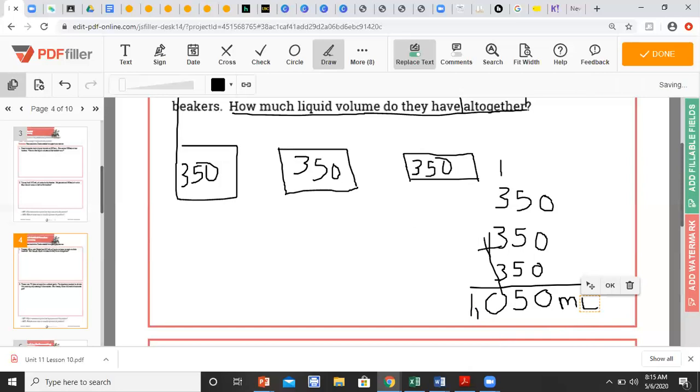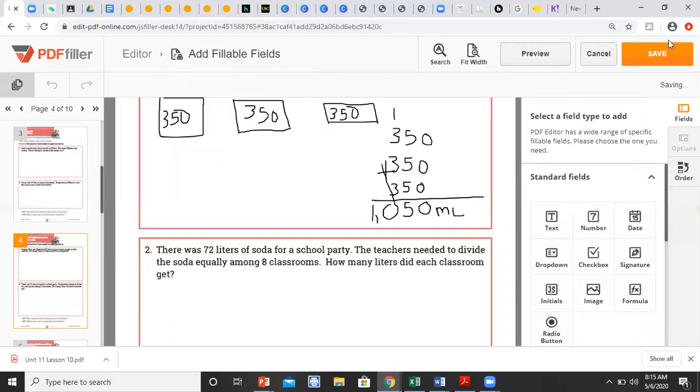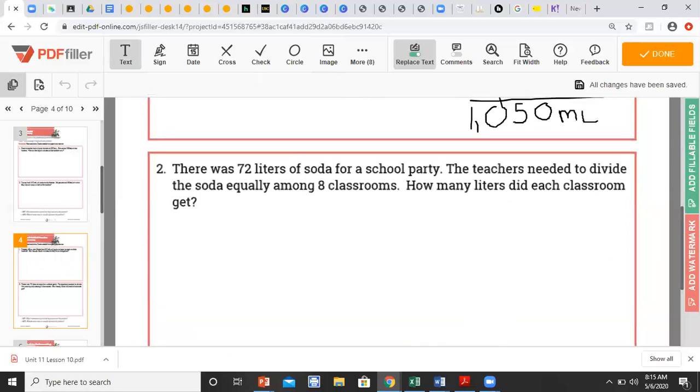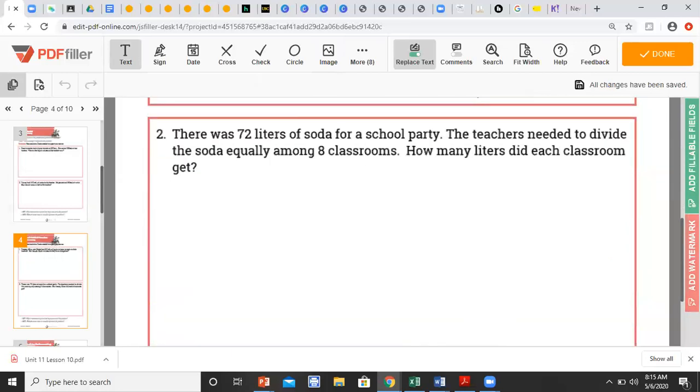Let's look at number 2 here. There was 72 liters of soda for a school party. The teachers needed to divide the soda equally among 8 classrooms.